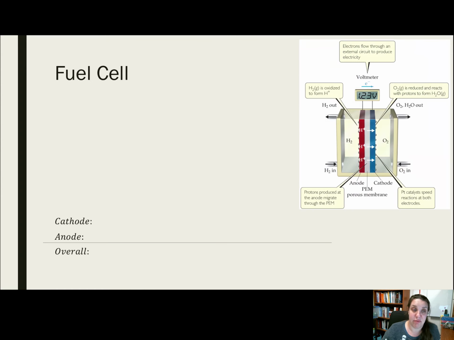The last thing I want to talk about as far as our different types of batteries is a fuel cell. It is an electrochemical device that converts hydrogen and oxygen into water, producing electricity on the way.